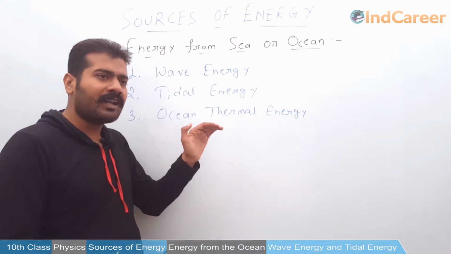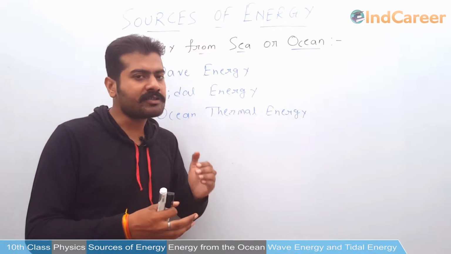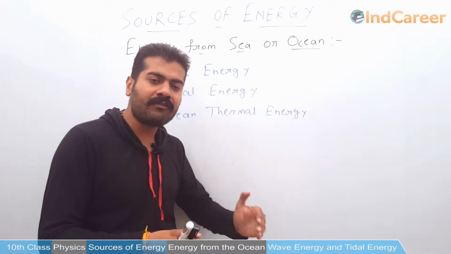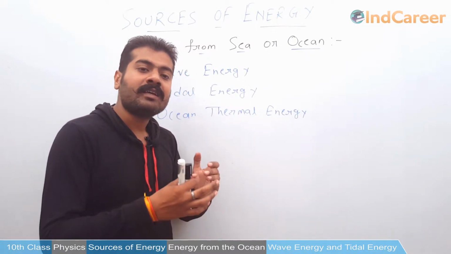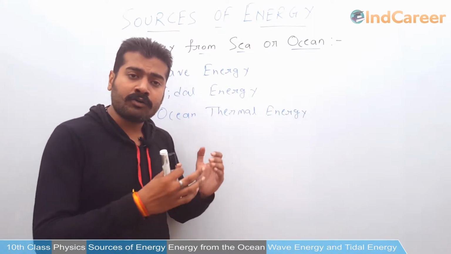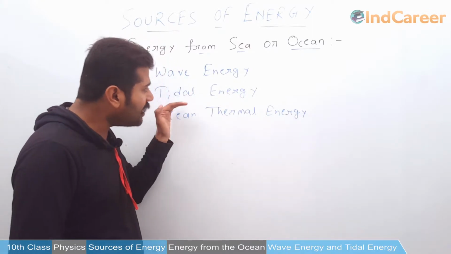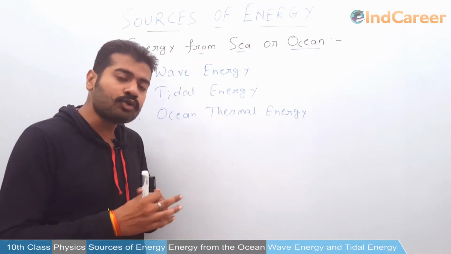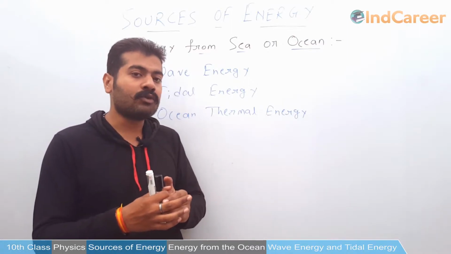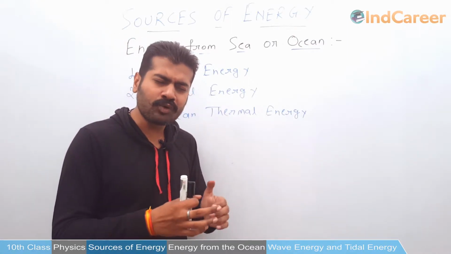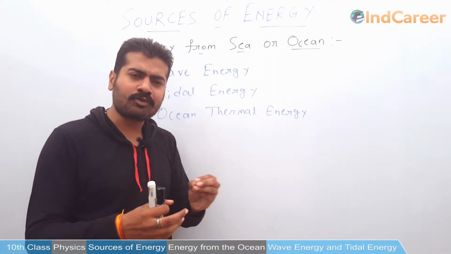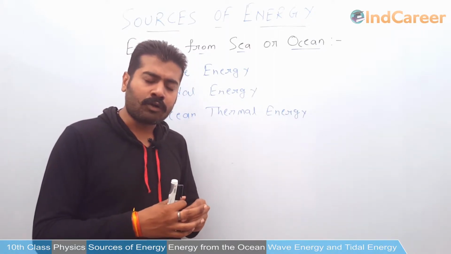So the wave energy of water is due to the flow of the wind near the sea areas or the ocean areas. Tidal energy of the water is due to the gravitational force exerted by the moon, and to some extent due to the sun also.